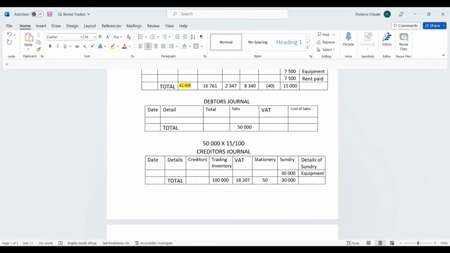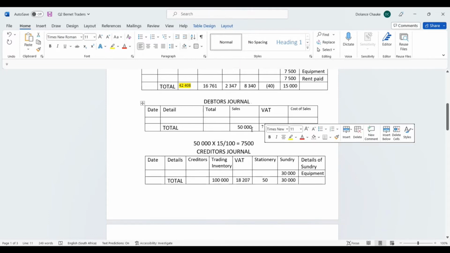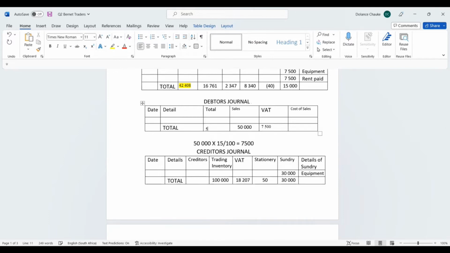That's how you're going to get 7,500. So your VAT will come here, 7,500. Now that means your total debtors is going to be VAT plus your sales, right? So how much is it? 57,500. Yes.